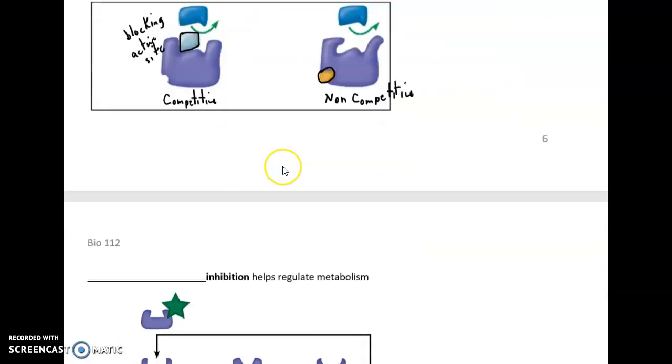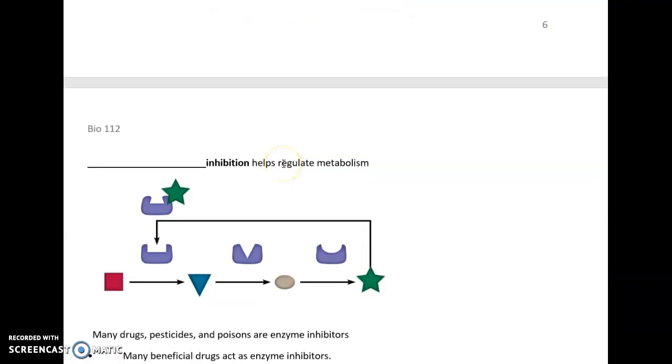The last thing we're going to talk about here is feedback inhibition. And this is very important, and you see it in many places in metabolism. Okay, so we've got the red molecule as our starting molecule. And we have enzyme 1 and reaction 1.